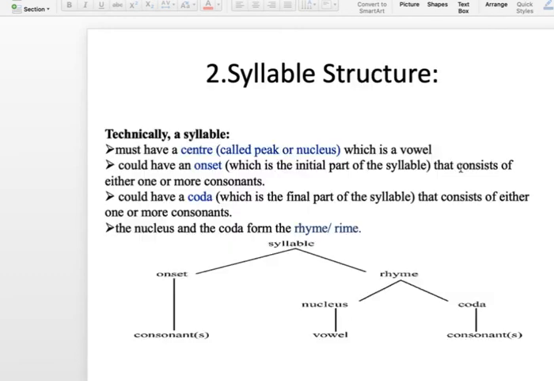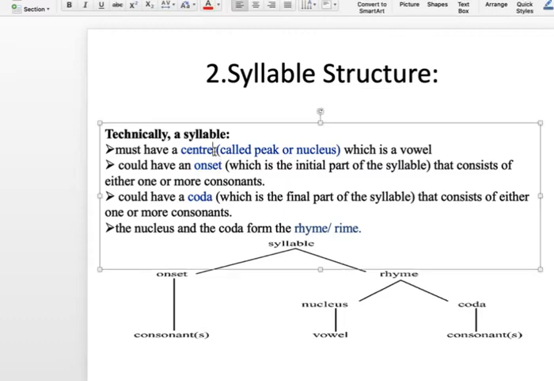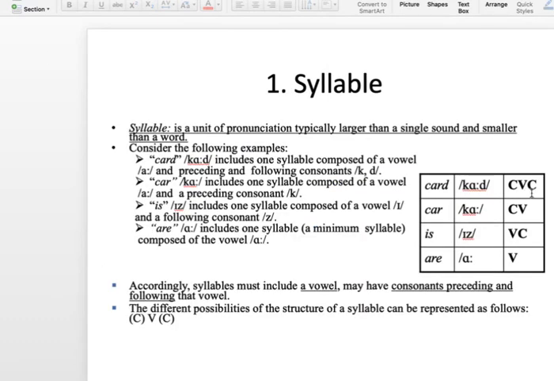Let's move on to syllable structure. Technically, a syllable must have a center. Now we are going to name different parts of the syllable and their structure. Center means what is coming in the center. If you look at CVC, what is the center?